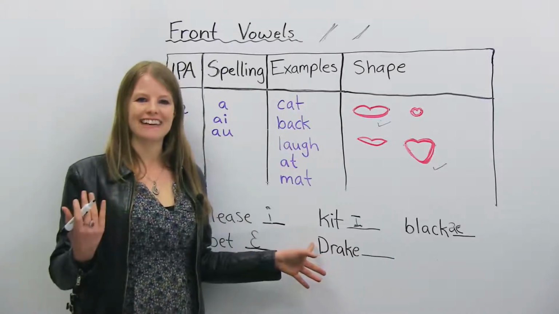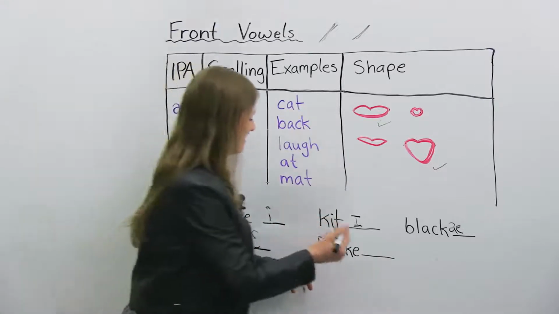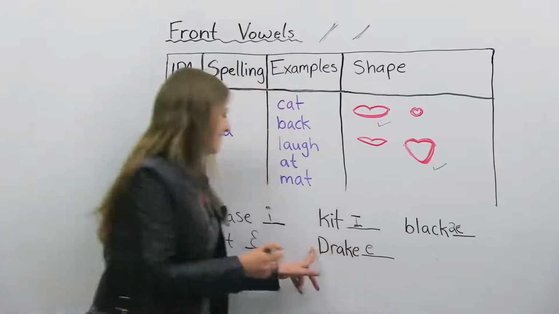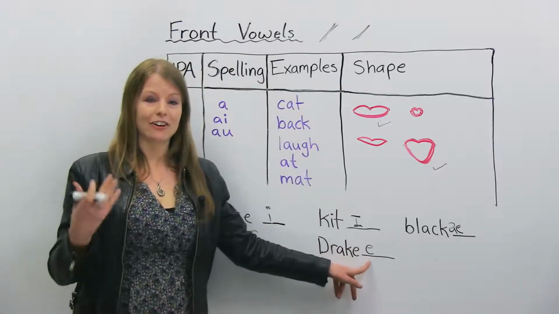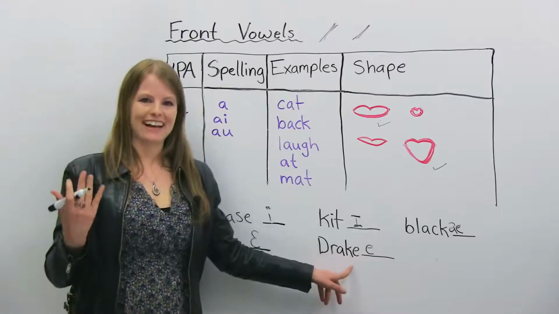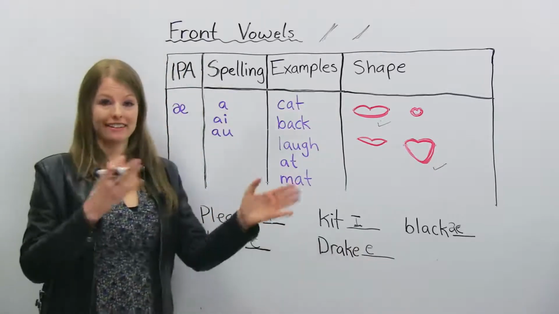What sound is the A sound, as in Drake? If you said this symbol, you're correct. We say Drake, egg. So these are great words to practice side by side.